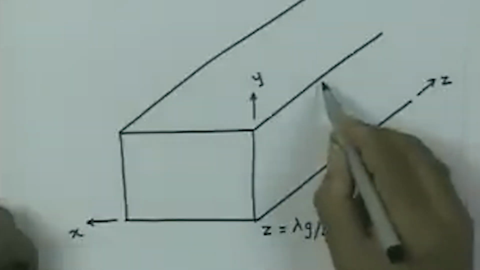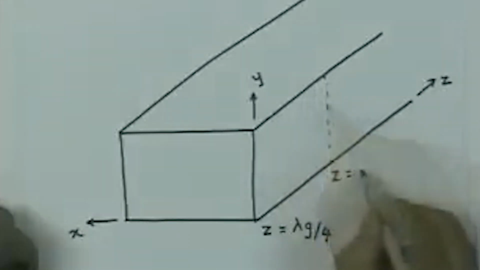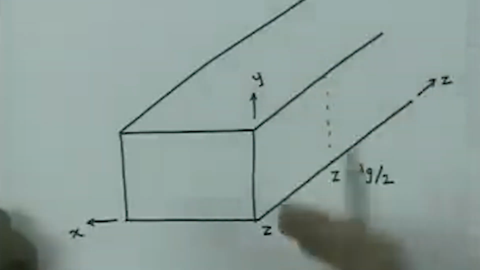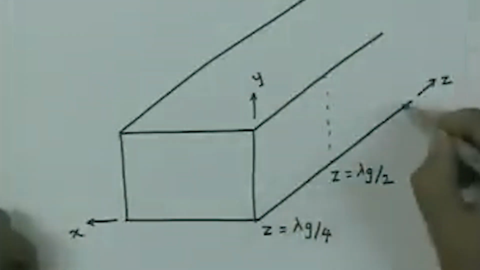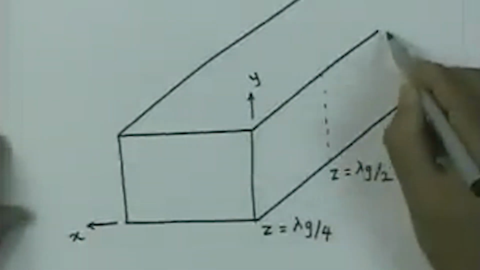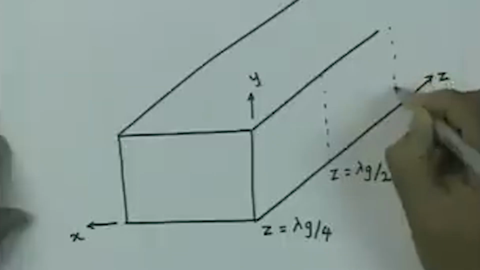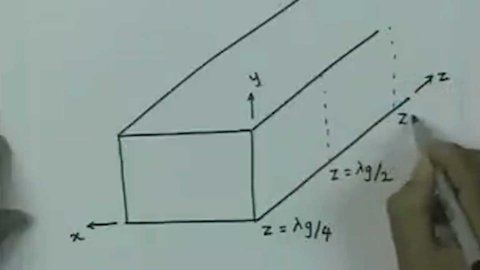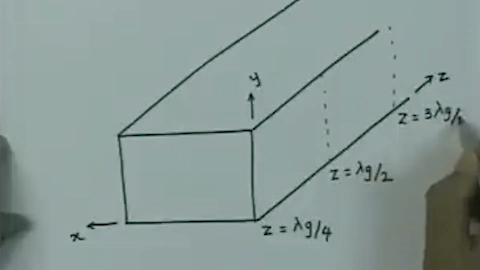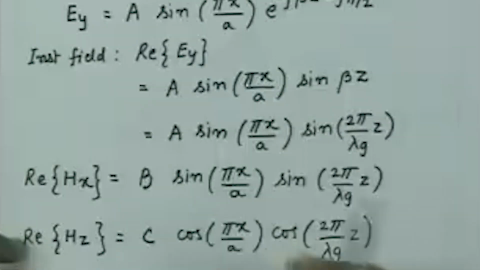So, at a distance of lambda g by 2, at this plane the electric field is 0. If I go a distance of one more lambda g by 4, this is Z equal to 3 lambda g by 4, the field will be maximum again with a reverse sign.